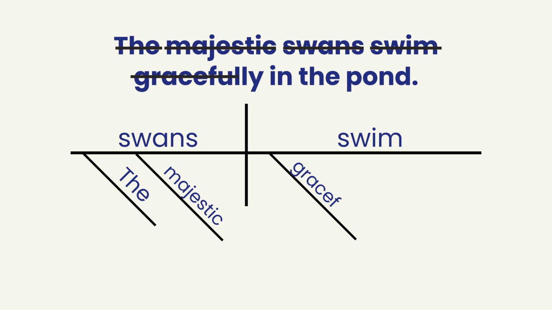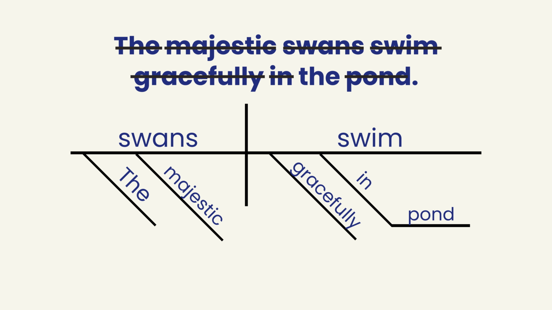And also, we have another modifier, which is a prepositional phrase modifier that tells where the action was done, in the pond. When diagramming a prepositional phrase modifier, we draw a slanted line joined by a horizontal line below the word modified. And we place the preposition on the slanted line, the object of the preposition on the horizontal line.